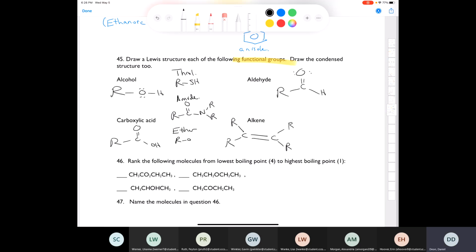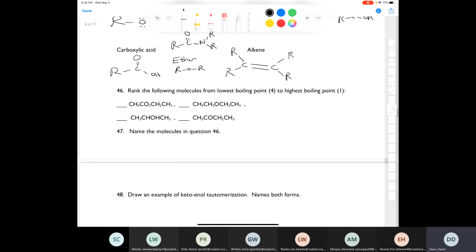You should know an ether, and we already saw an ether this evening. You should know an ester, which is when you have a carbonyl and then another oxygen, then an R group. What else? Anhydride, acid chloride, alkyne. These are the kinds of things you need to know before coming into the exam.